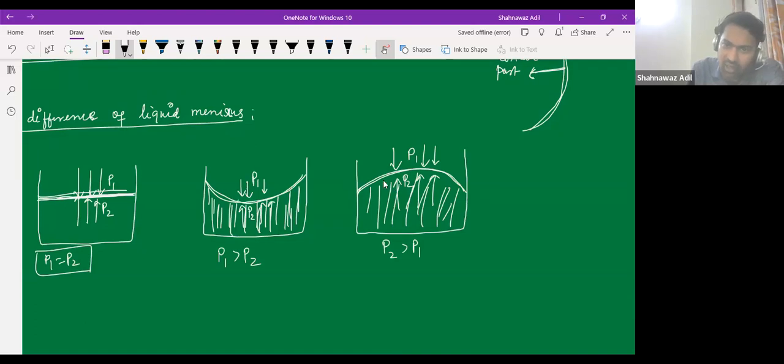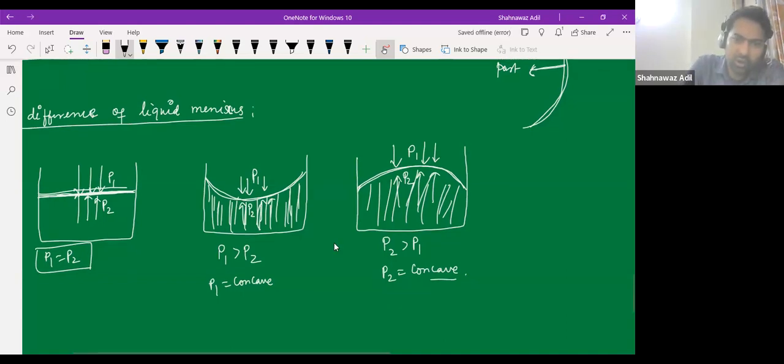In this example, P2 is the concave part, and in the other, P1 is the concave part. Am I right, everyone? Yes, sir.